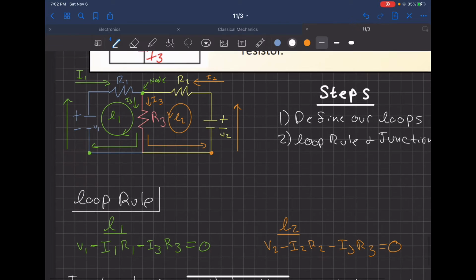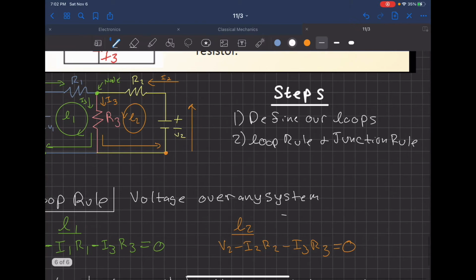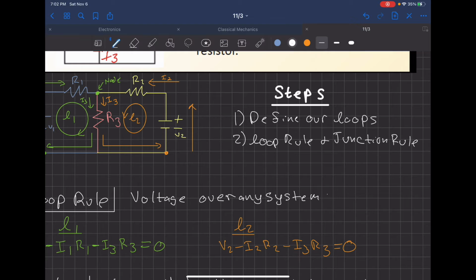And then I guess I can define our loop rule too, which is basically saying that the voltage over any given system is equal to 0.